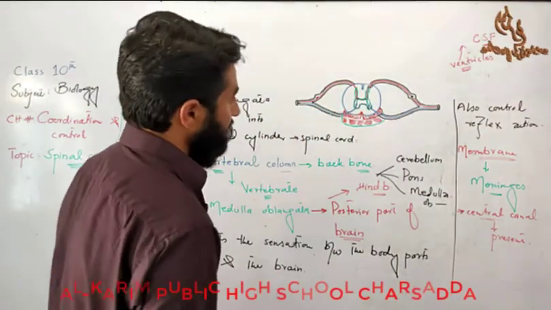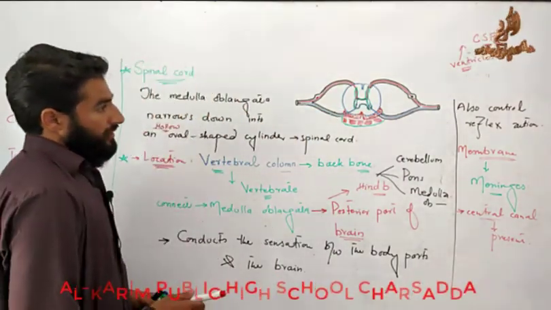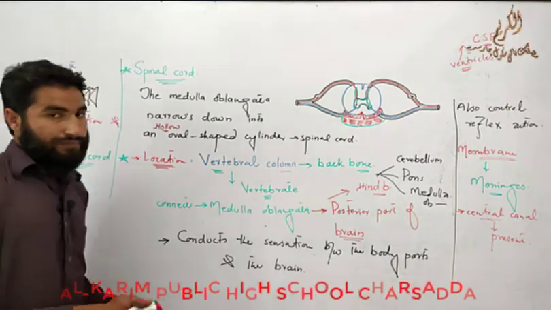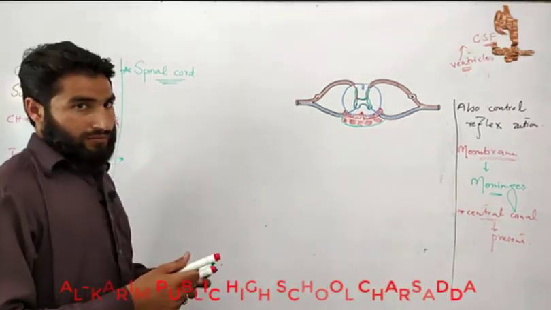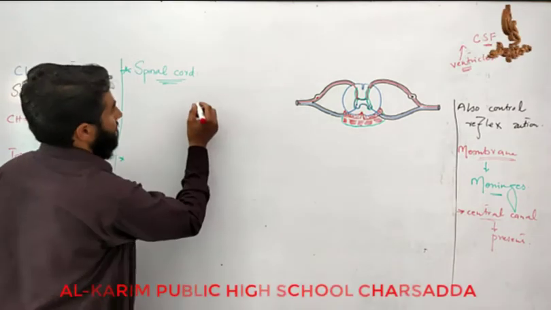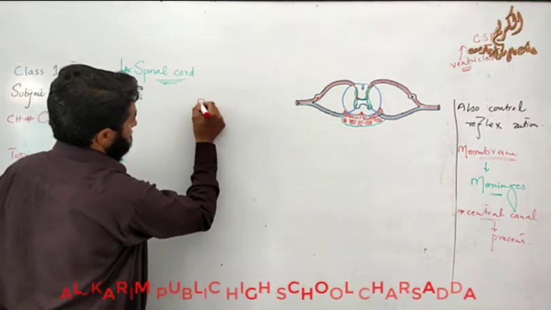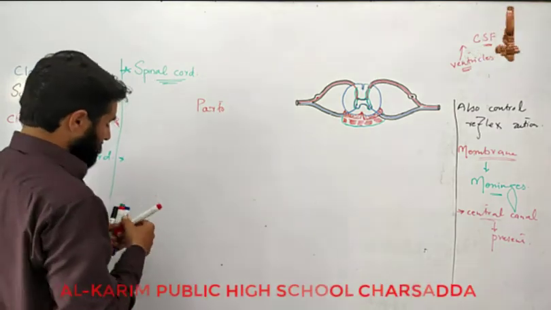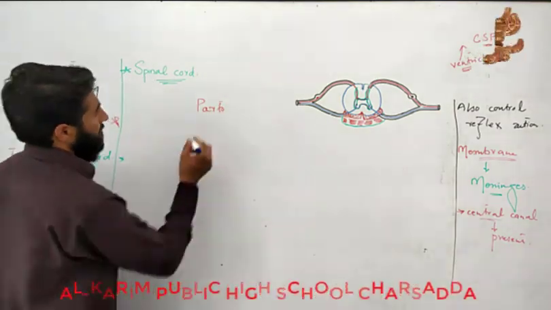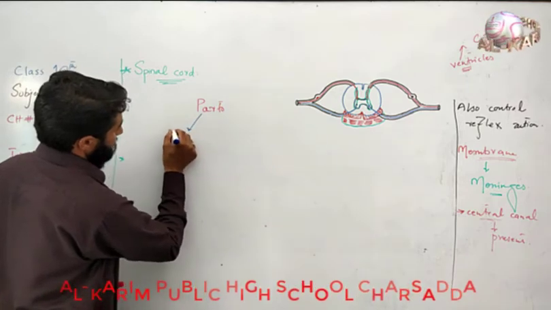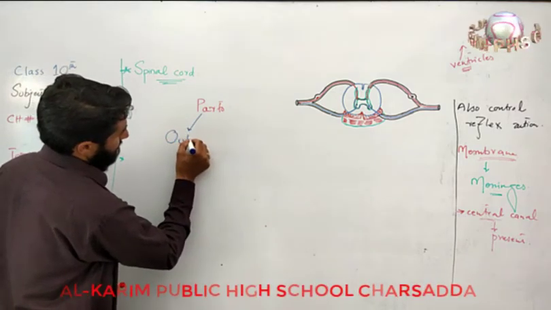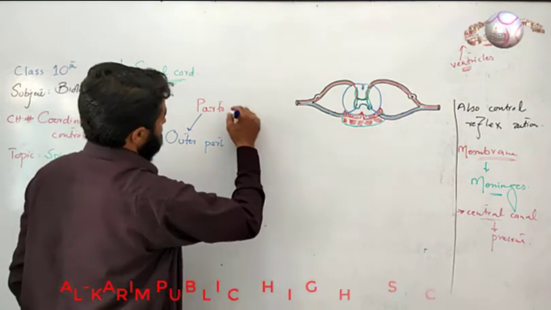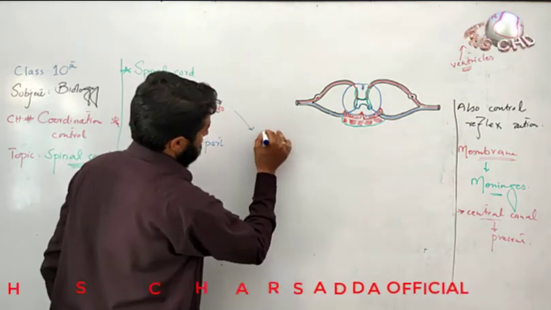Okay, coming toward the parts of the spinal cord. Just like the brain, the spinal cord consists of two parts. One is the outer part or outer region, while the other is the inner part.